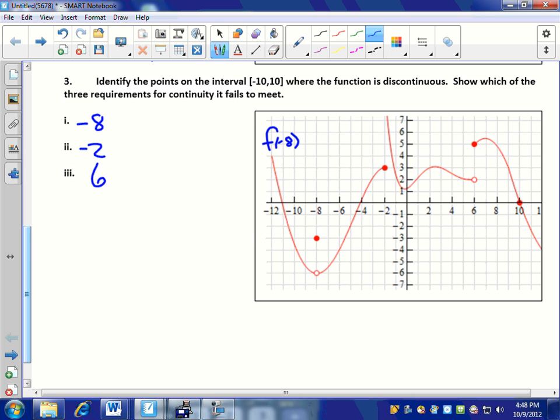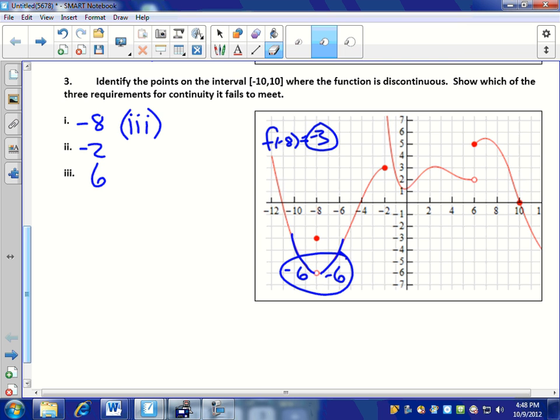You get, in this case, a -3. And the limit exists as I approach from this side, I get -6. As I approach from this side, I get -6. So the limit exists. It's also -6. But as you can see, the limit is not the same as the function value. So therefore, it fails because of the third requirement. So that's a failure by the third requirement right there.